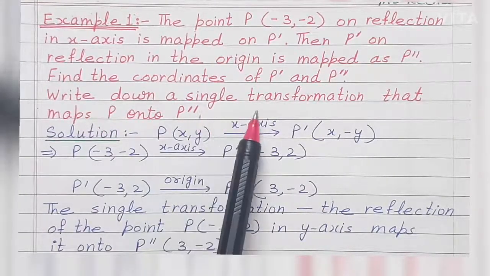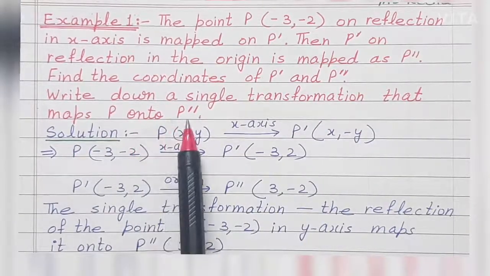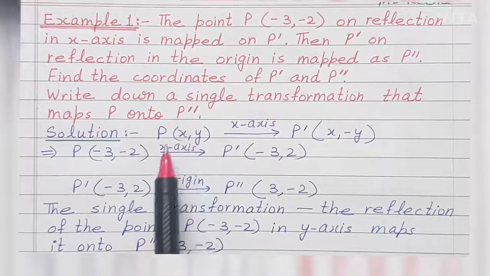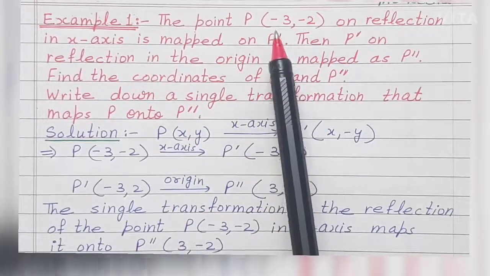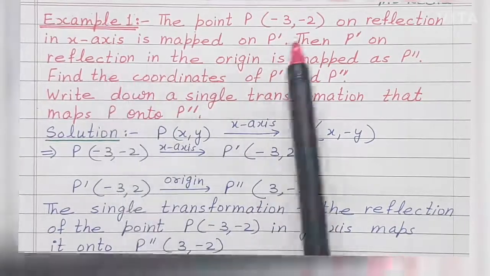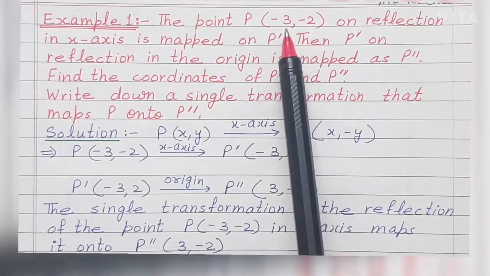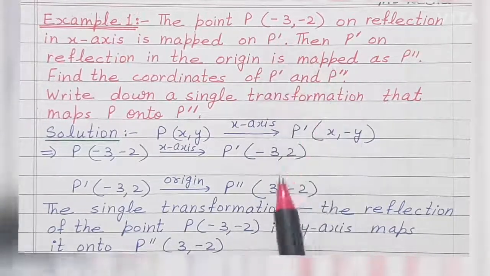Write down a single transformation that maps P onto P double dash. So it is very easy. See, the coordinate is P (-3, -2). When you reflect this under x-axis, it will become (-3, 2). The sign of y will get changed. Clear?